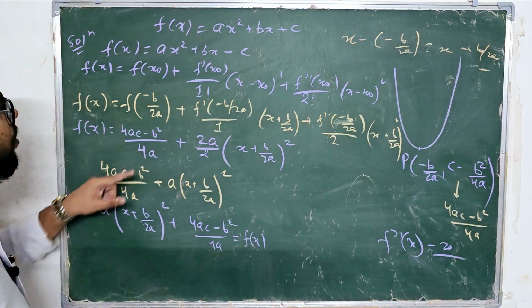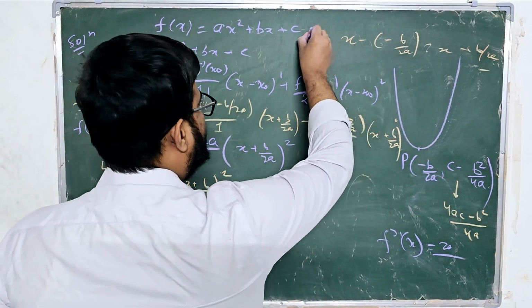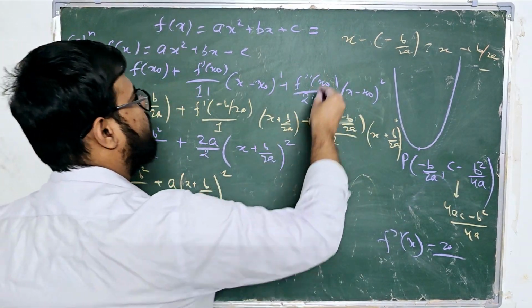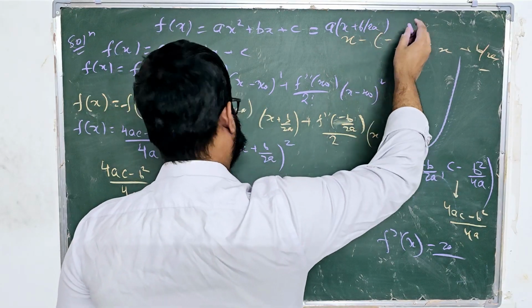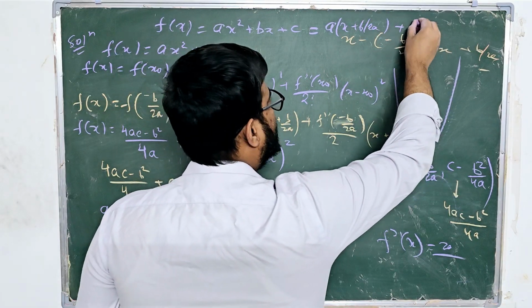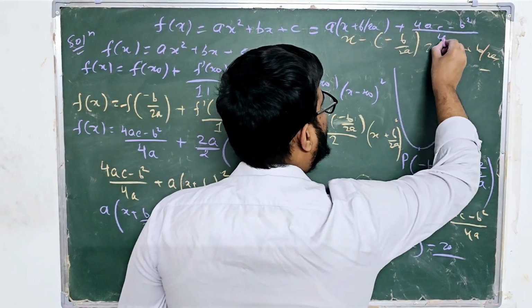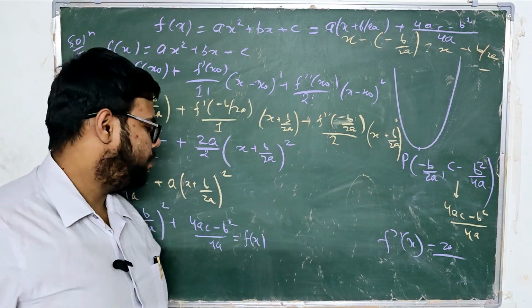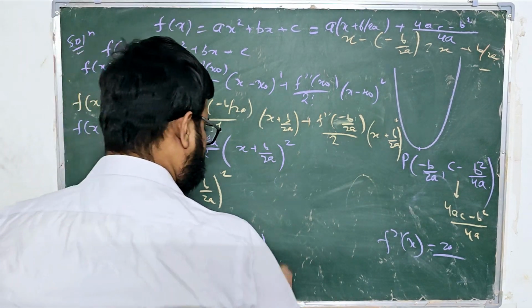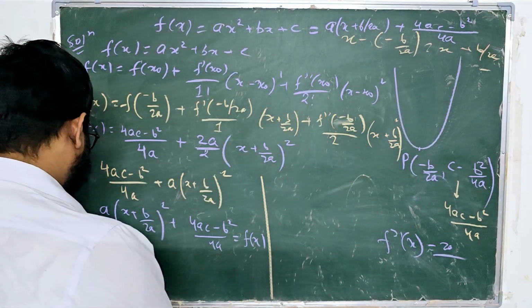And what is f(x)? f(x) is equal to this expression. So you can write this as a times (x plus b by 2a) whole square plus (4ac minus b square) by 4a, and it is actually the vertex form of a quadratic polynomial. Correct, this is the vertex form.